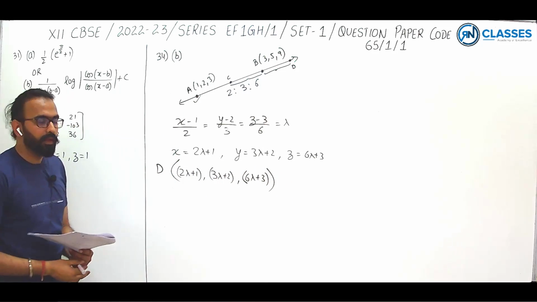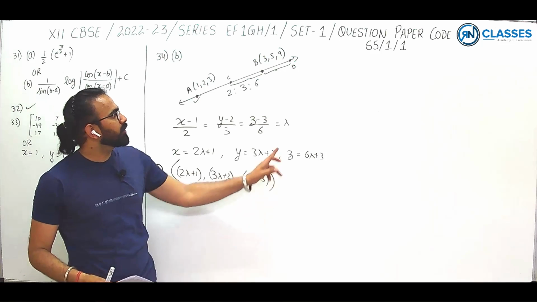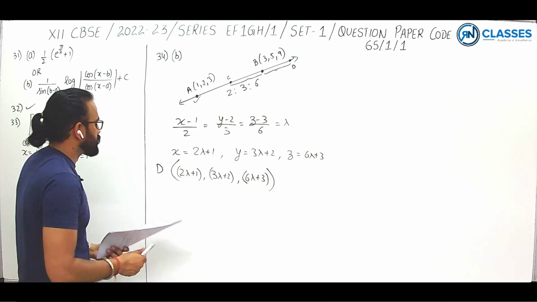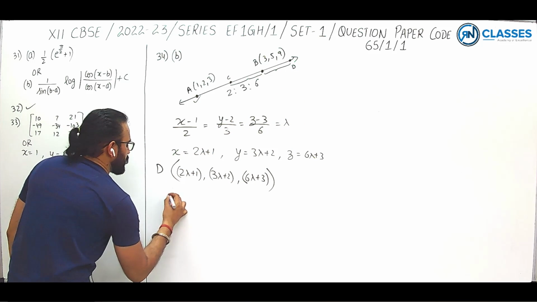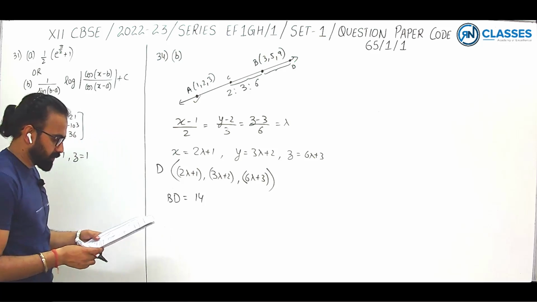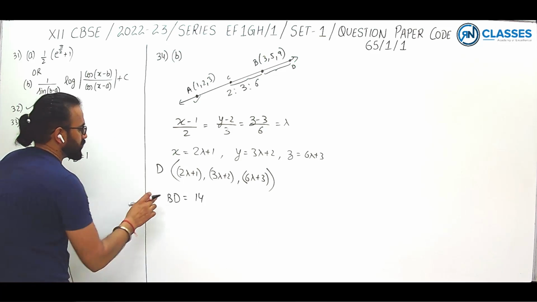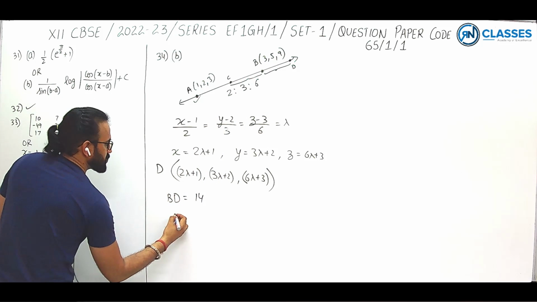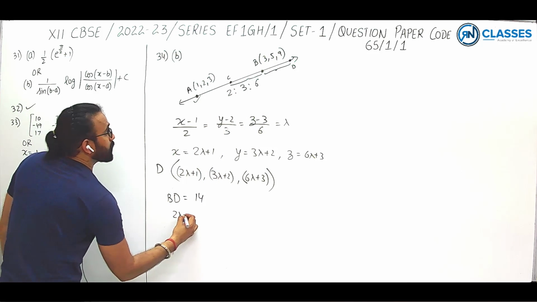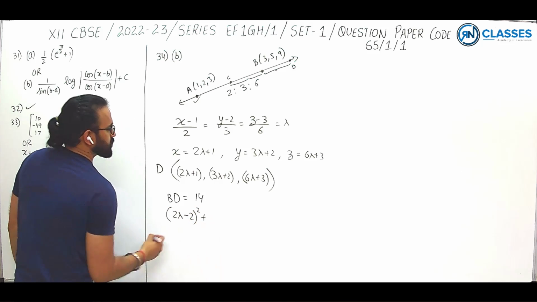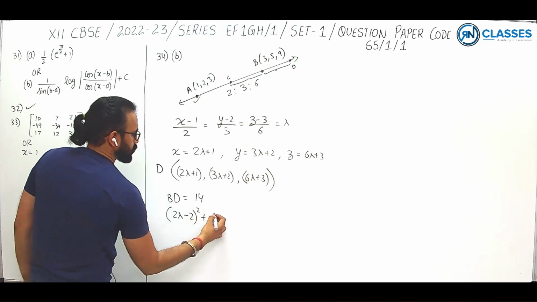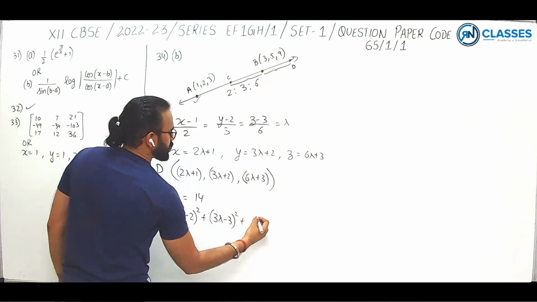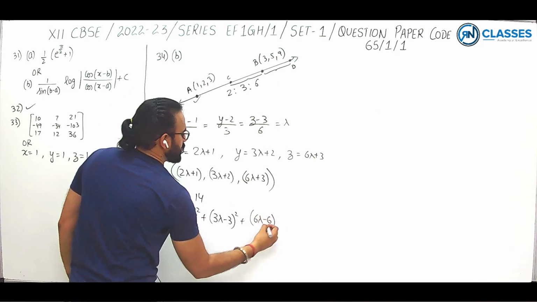ये आ गए coordinates of point D. And in order to find the value of lambda, distance between these 2 points is 14 units. So BD distance is 14. हाँ जी, BD डिस्टेंस 14 है, तो डिस्टेंस फॉर्मूला जैसे अप्लाई करेंगे, (x2 minus x1), that turns out to be (2 lambda minus 2) whole square, plus (y2 minus y1), that turns out to be (3 lambda minus 3) whole square, and plus (z2 minus z1) turns out to be (6 lambda minus 6) whole square.